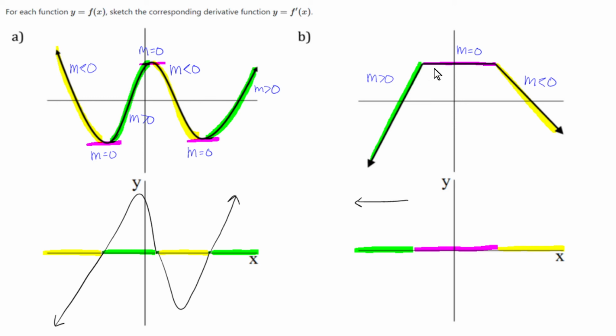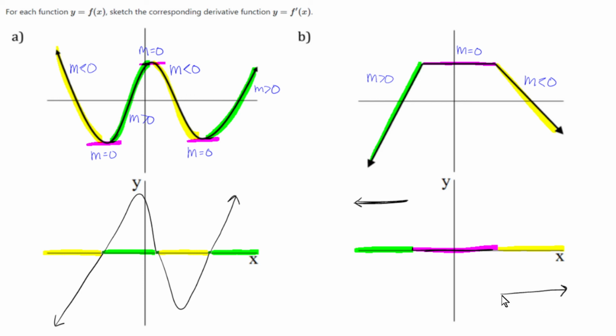Then as we reach this part here where the slope is 0, it's going to be right here on the x-axis. Let's do this again. So it's right there. And then as the slope is negative, again, it's a linear function, so it's going to be a horizontal line like that.